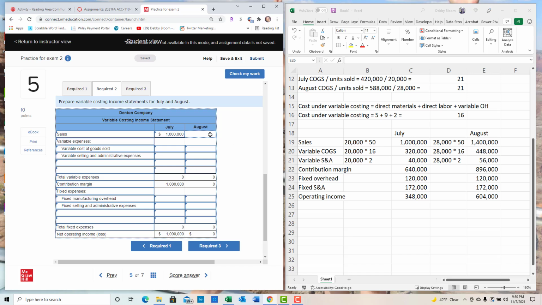And August, 1,400,000. Now put in our variable expenses, 320,000, 448,000, 40,000, 56,000.